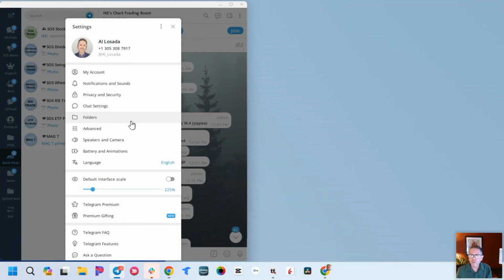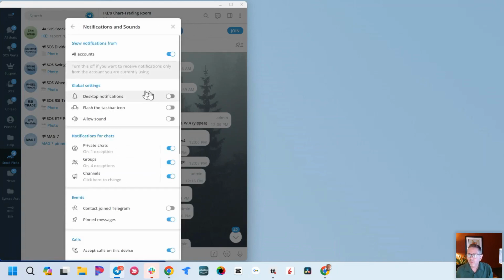All right. And so what you want to do is go to the trades where people are talking two-way communication and mute them. Because you'll be getting dings all the time during the day. It'll give you desktop notifications, flash taskbar icons, and sound.